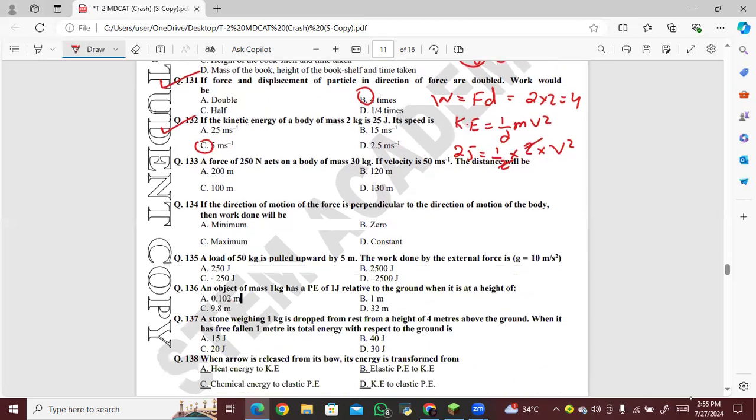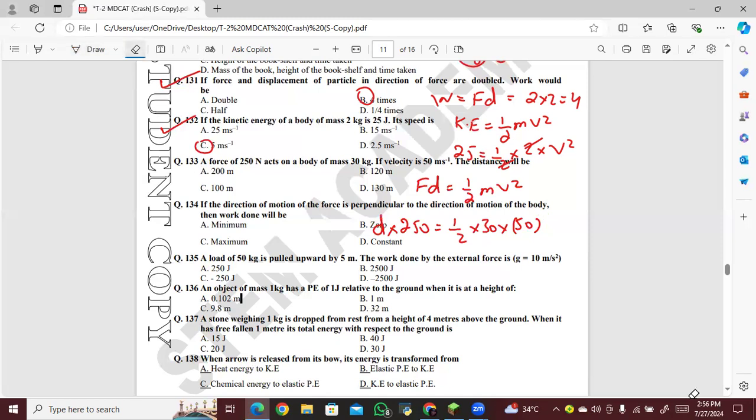A force of 20 Newton acts on the body of mass 30 kg. If the velocity is 50, find the distance traveled by the body. You can find it by work energy principle, that is F into d equals 1 by 2 mv square. Mass is 30, velocity is 50 square, and the force is 250. You need to determine d.